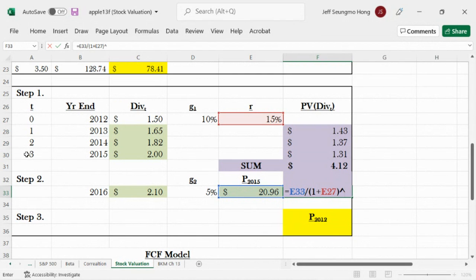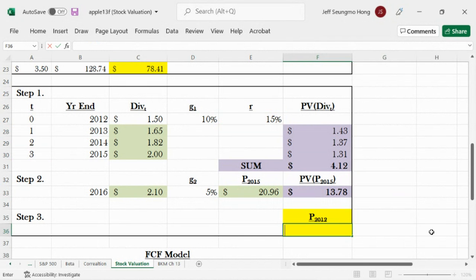We need to bring it back to time 0. There you go.